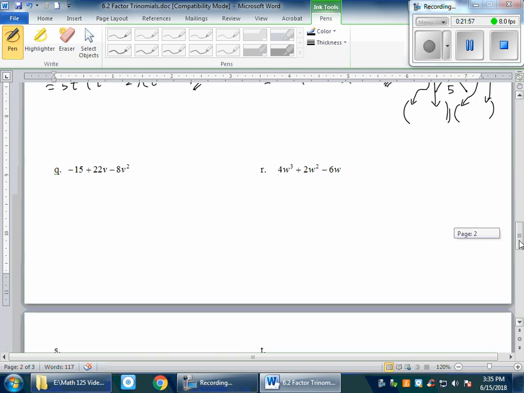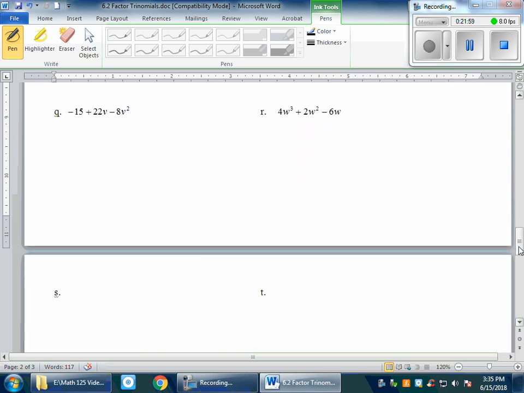Continuing, next example. So example Q, notice that this is not in descending power. If you see a trinomial, always put it into descending power so that you can clearly check whether it is in ax squared plus bx plus c format or not. Right?